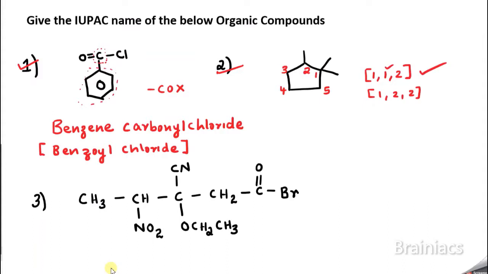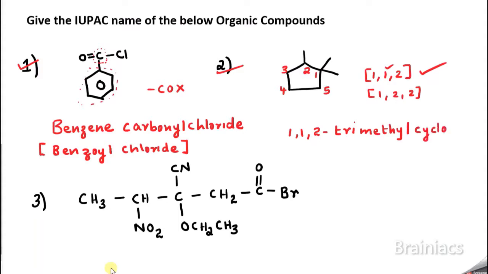So what should be the name of this compound? First comes the prefix. At 1, 1 and the second position, so I can say 1,1,2-tri, since 3 are there, so we use the term tri. Then all are methyl groups, so we say trimethyl. Correct? Trimethyl. Then since it is a cyclo compound, we use the prefix cyclo.